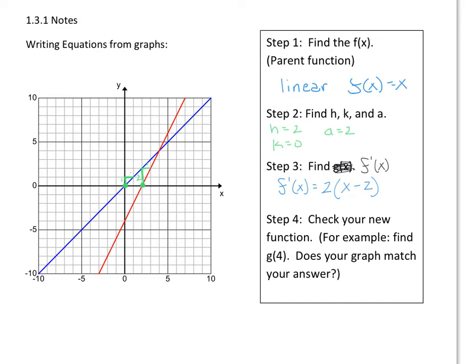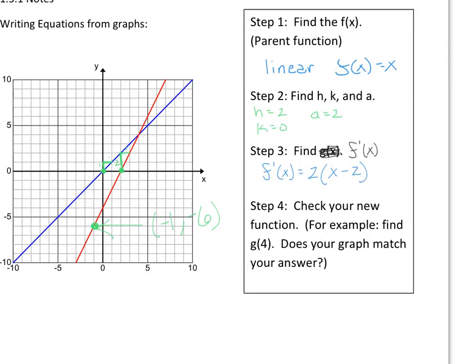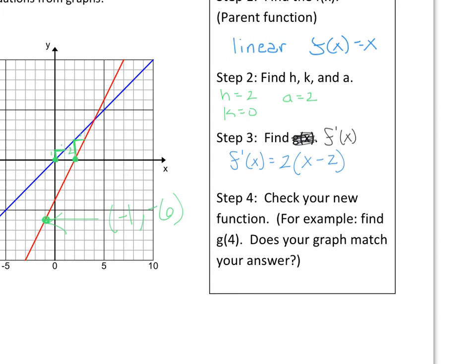Now, let's double check. Okay? Let's pick a random point right here. That point would be -1, and let's see, 1, 2, 3, 4, 5, 6, -6. Okay, so I'm going to plug in -1 into my x, and let's see if I can get a -6.